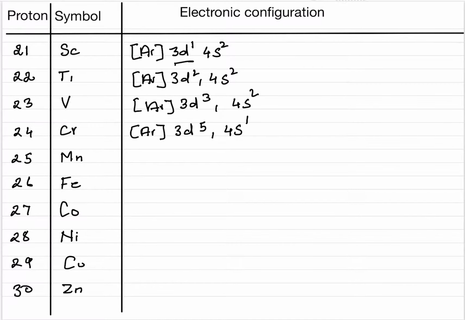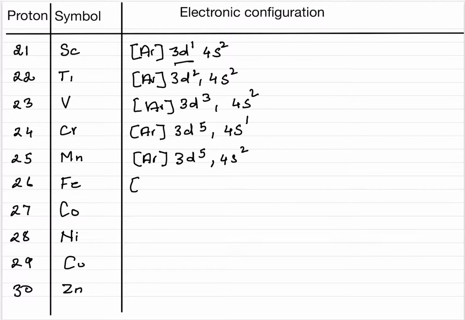Let's move on to manganese. Manganese is 25. So let's put argon in the bracket and then 3d5 and 4s2. Now this 5 is a little, let's rub this and write it more neatly. 3d5. Let's move on to the next one, that is iron. Iron is 26.